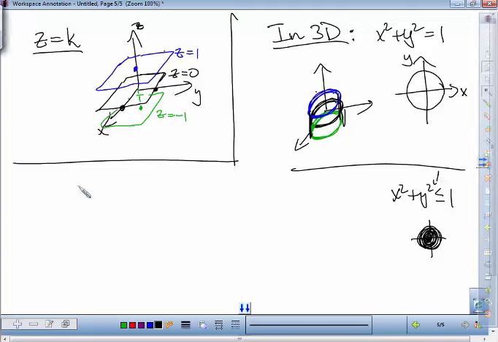So if I had z is equal to y squared, and I'd say this is a graph in 3 dimensions, what should this graph look like? Let's start with the variables that are there and draw it on the axis that it exists in.